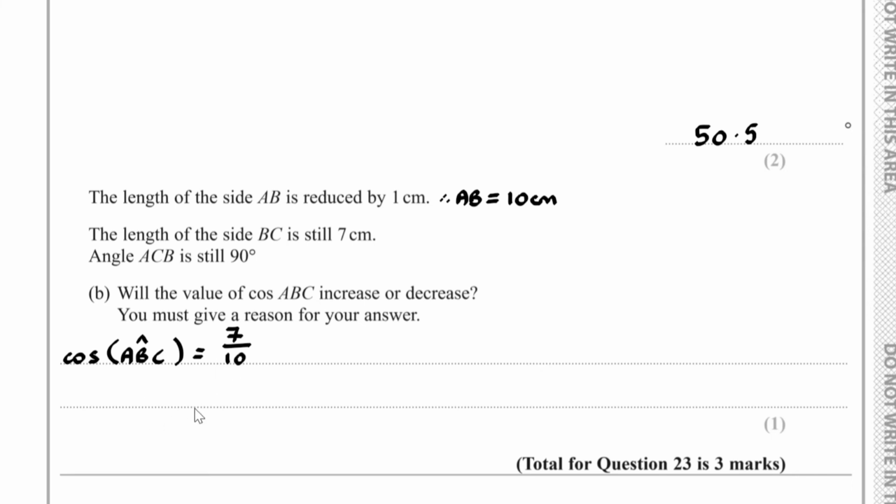And the 7 over 10 is greater than the 7 over 11 which we got before. And so therefore, the cosine of ABC would increase.